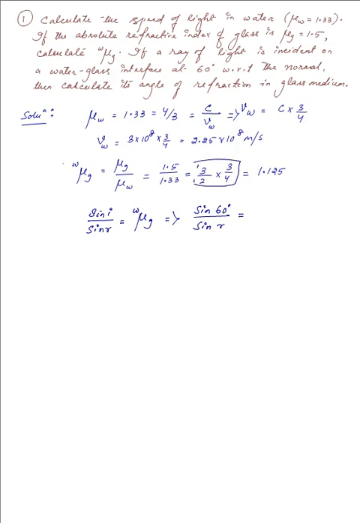It will be easier rather than taking the decimal part. Now sine of r is therefore going to be equal to sine of 60 times 8 over 9. Sine of 60 is root 3 over 2 times 8 over 9. 2 goes 4 times with 8.